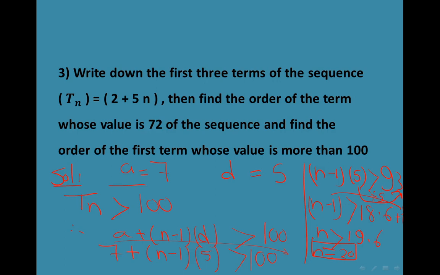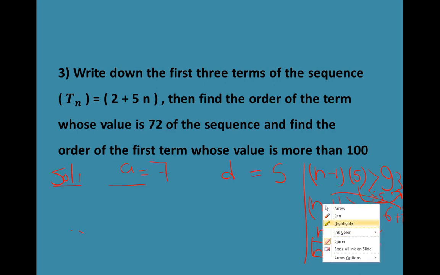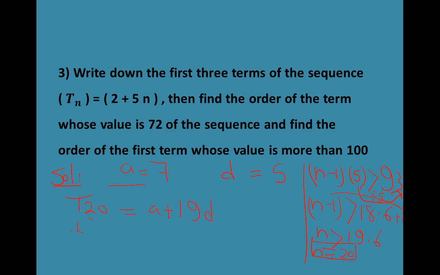I can find the value of this term. I'll try to find the value of T20, which equals A plus 19D.